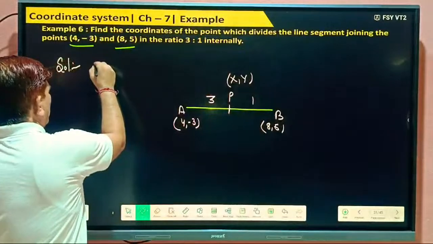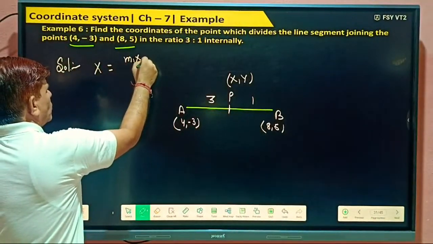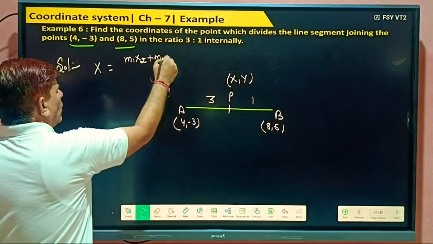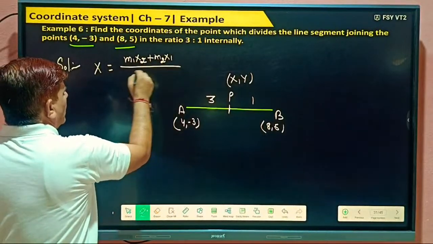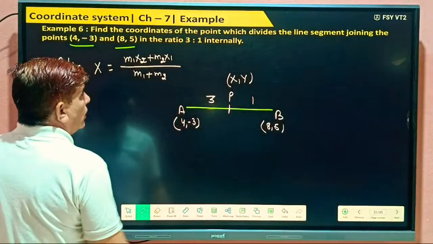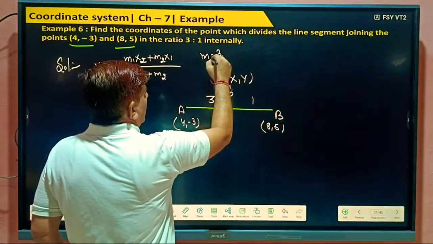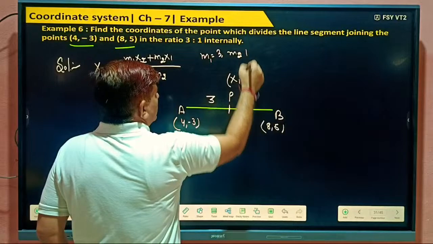By the section formula, x equals (M1 x2 plus M2 x1) by (M1 plus M2). Here M1 equals 3 and M2 equals 1.